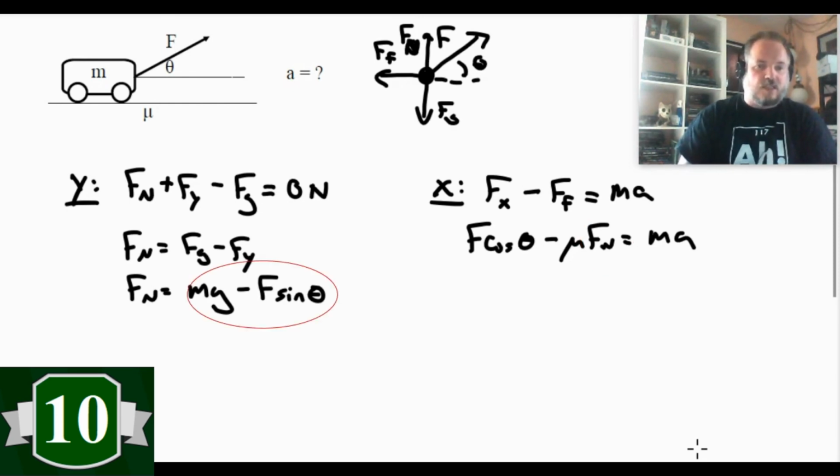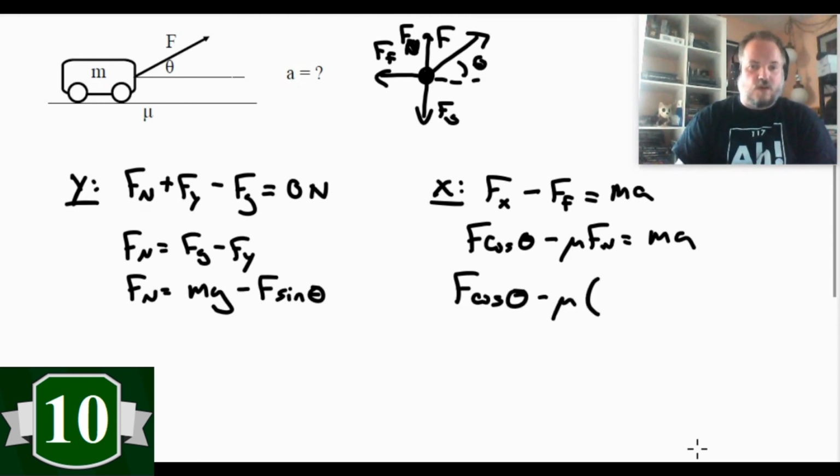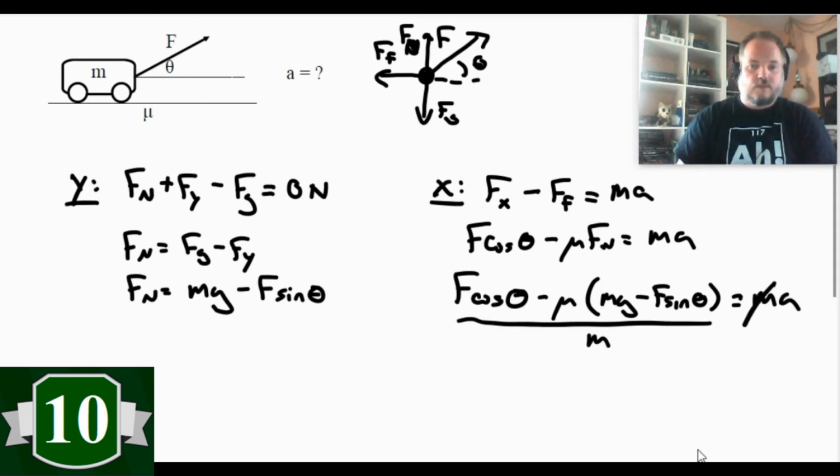Or we could take this and plug it in and then solve. F cosine theta minus mu times all that stuff, mg minus F sine theta, equals ma. It's big, it's gross, it's ugly, but it's solved. Plug in all your numbers, you'll get yourself your answer. All done.